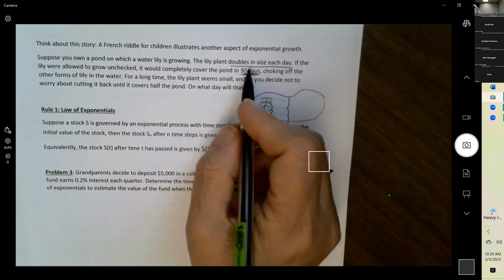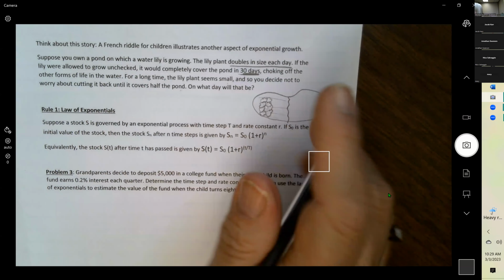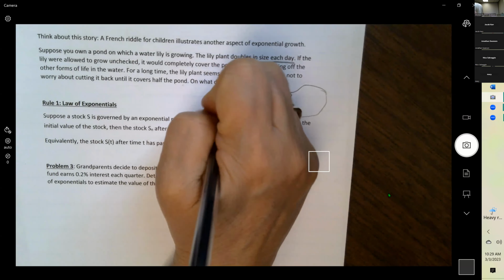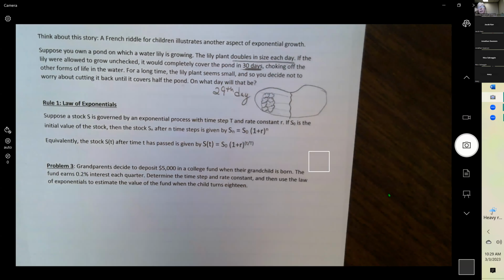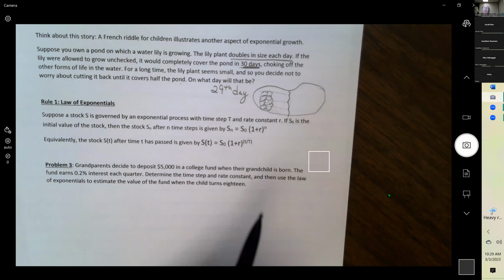So if it takes 30 days for the whole pond, on the 29th day it will be covering half of the pond, because then the next day it's going to double and cover the whole pond. So what seems to be small, growing and doubling, all of a sudden is so large. This kind of shows you how big it jumps.